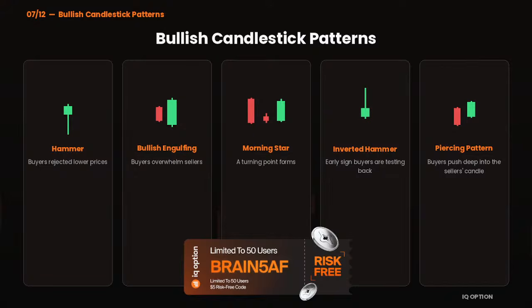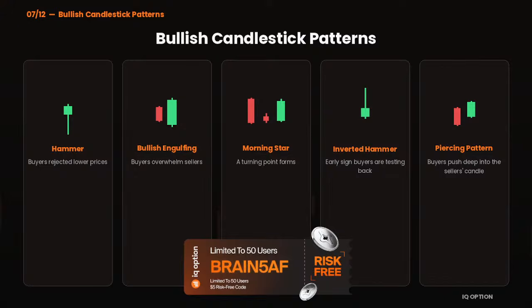And then the last in the list is the piercing pattern. So you can see it is very simple. It is a red candle followed by a green candle that opens even lower, but then pushes back up and closes more than halfway into that red candle's body. So it is a slightly gentler cousin of the bullish engulfing, as you can see.